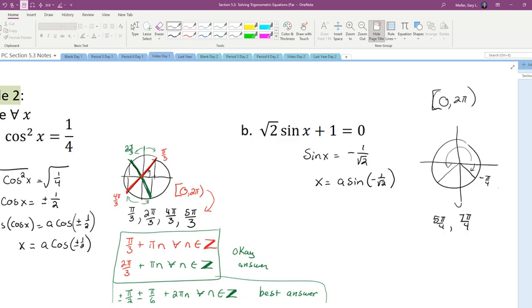Okay. So how am I going to answer this for all values? Well, if I start right here, I can go pi over 4 this way, and I can go pi over 4 that way. So the best answer would be, let's say x equals, and you can either start at 3 pi over 2, or you can call it negative pi over 2, and I'm going to add and subtract pi over 4.